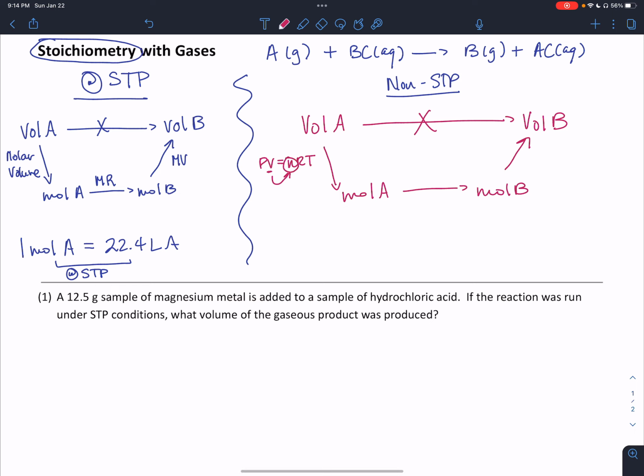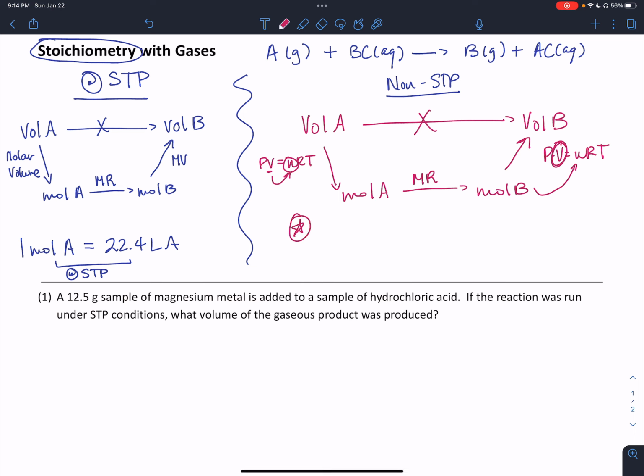We'll then use our mole ratio to go from moles of A to moles of B. And then on the other side, we're going to use the ideal gas law again. This time, however, we'll know n and we'll be solving for V. So when you're under non-STP conditions, it is a little more complicated because you have to use the ideal gas law.